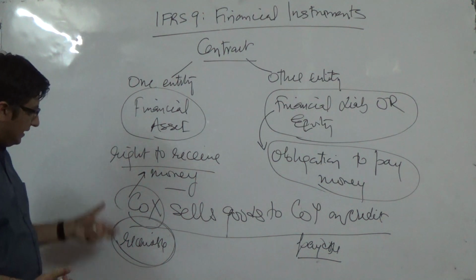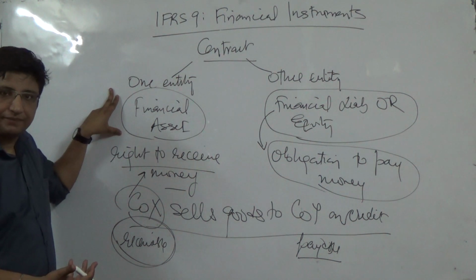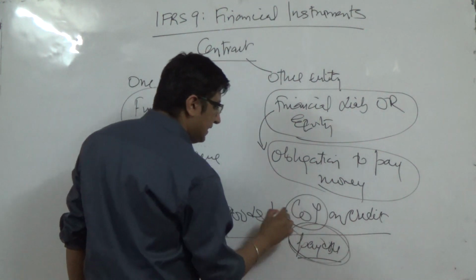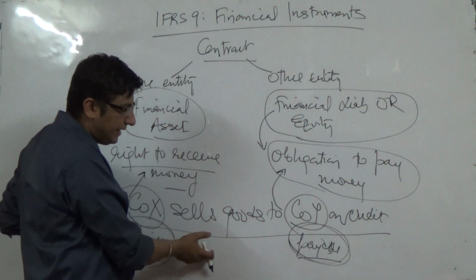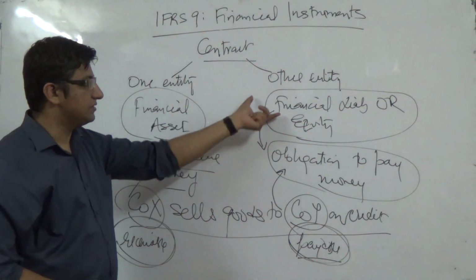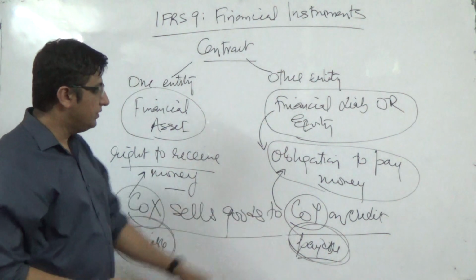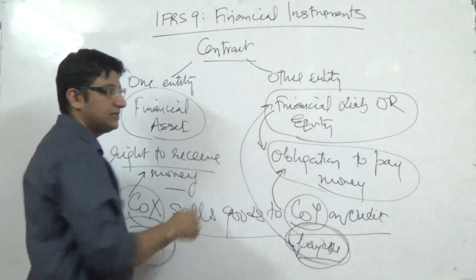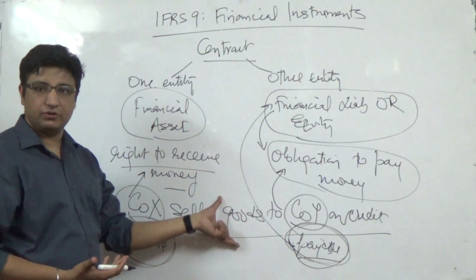Or in a way we can say a receivable is as good as a financial asset, or is an example of a financial asset. Right? Vis-a-vis, company Y has an obligation to pay money because there's a contract that the goods have been sold, and company Y is required to pay money for those goods, and thereby it becomes a financial liability as far as company Y is concerned. So we are saying that a payable is an example of a financial liability. That is one of the easiest examples to talk about.